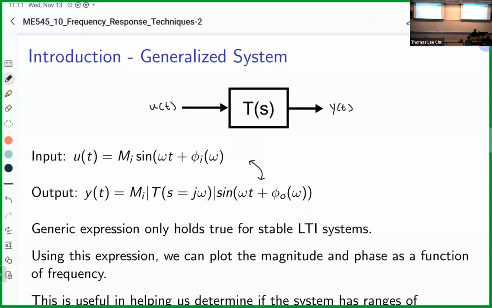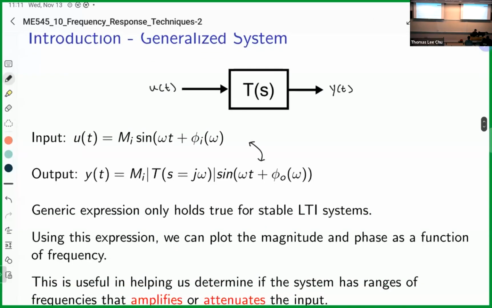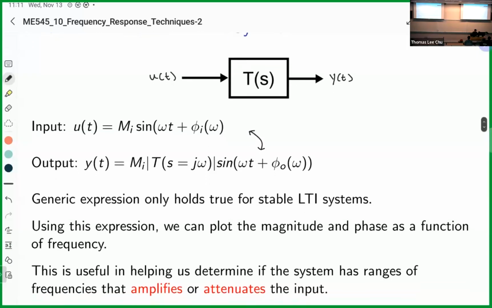Now we're going to be doing sinusoidal inputs. One easy thing about sinusoidal inputs is that if we have a sine input going in, we get a sine output coming out with a different phase and magnitude. So this generic expression holds true for all stable linear time invariant systems. And using this expression, we can plot the magnitude and phase as a function of frequency.